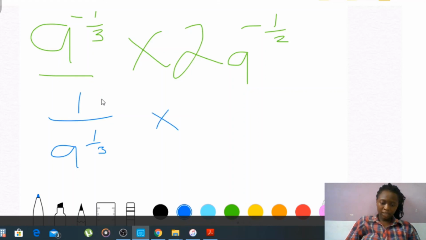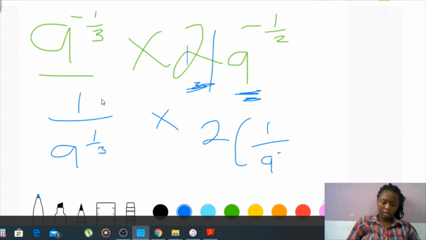The negative is affecting only the a because it is not in bracket, so this 2 is free. We are going to work on only this a. So we'll be having 2 times 1 over a raised to the power, now the negative goes away, 1 over 2.